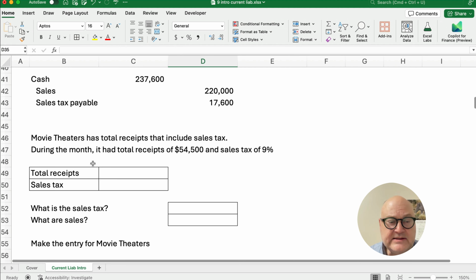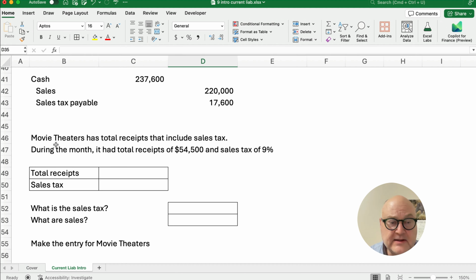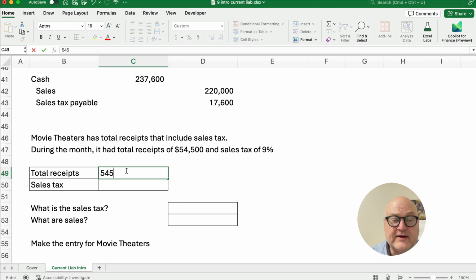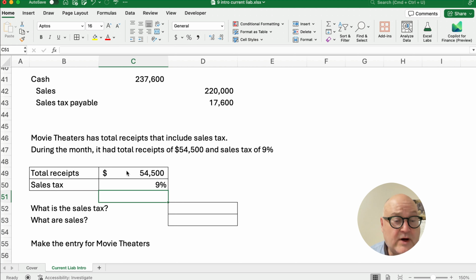Now let's think of it the different way. A lot of times you might go to a movie or a concert or a sporting event and they have total receipts that include sales tax. So during the month, movie theaters had total receipts of $54,500, and that included a sales tax of $109.